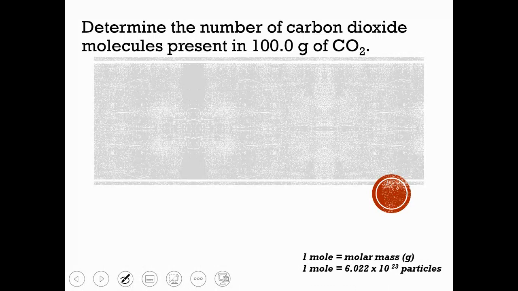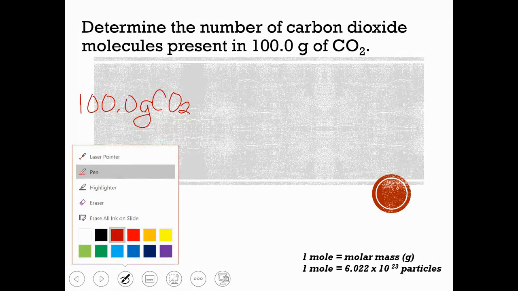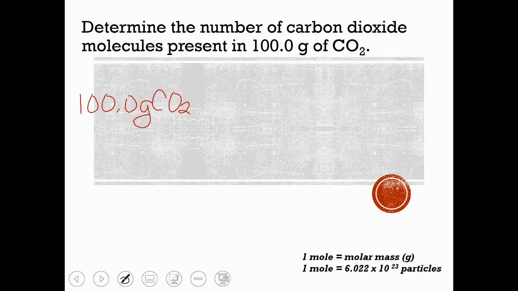Now this one says determine the number of carbon dioxide molecules present in 100.0 grams of carbon dioxide. Since this is a compound, we need to know what carbon dioxide weighs. We've got to do a little side problem down here. We have 1 carbon and 2 oxygen.